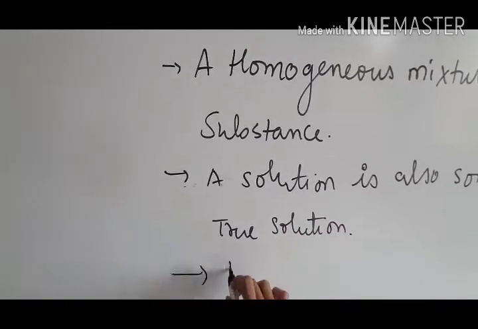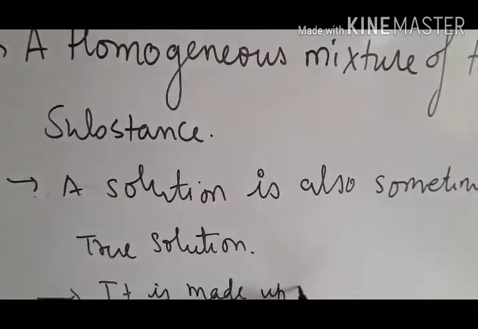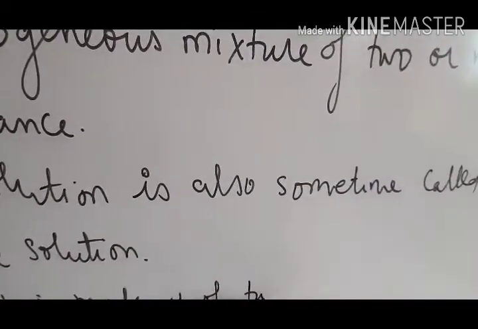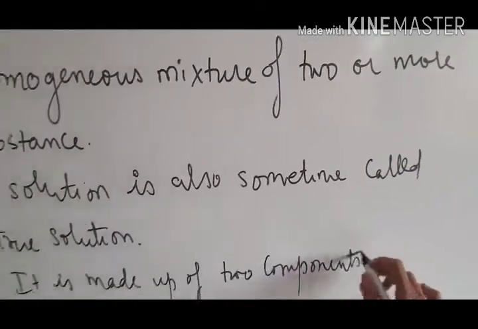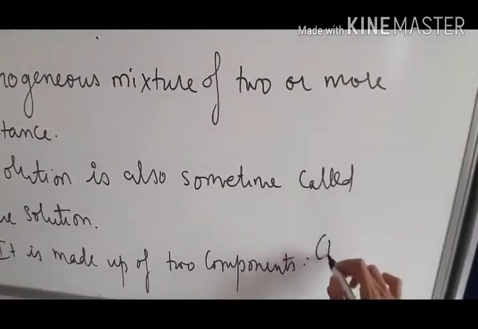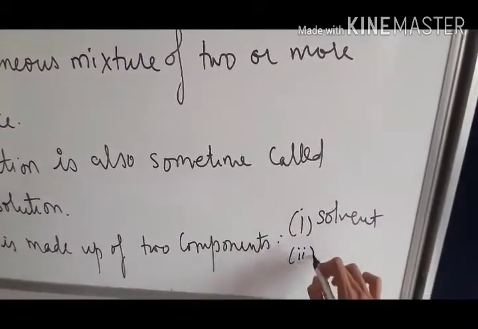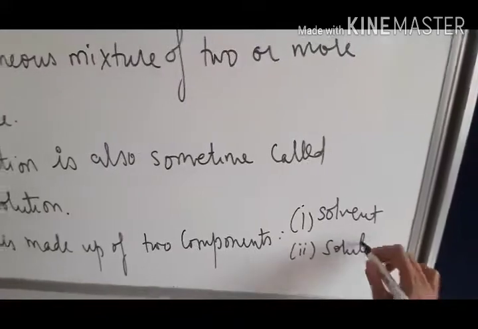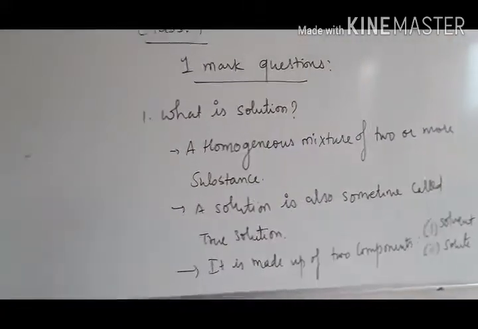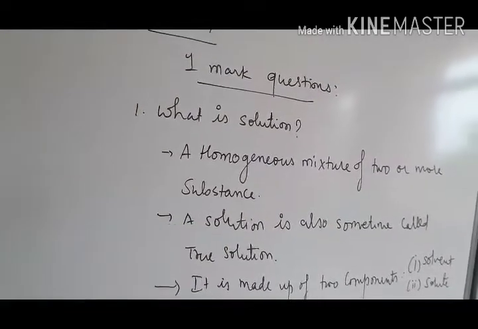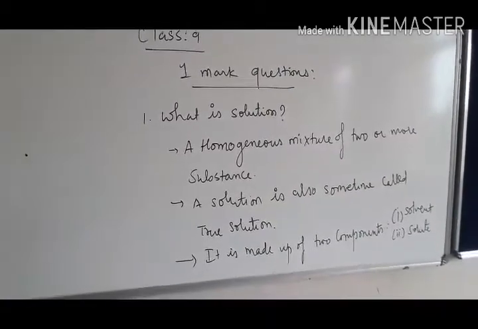It is made up of two components, first solvent and second solute. Then you can write examples like soda water, salt solution, sugar solution. They are examples of a solution or true solution.